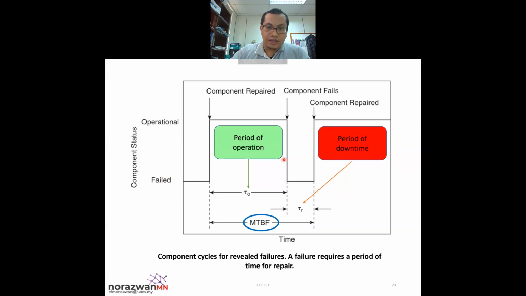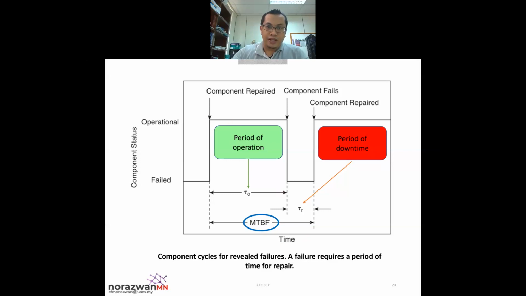There is a certain time, what we call the period of operation. The period of operation means from when you start your operation until the time before the component or the process fails.